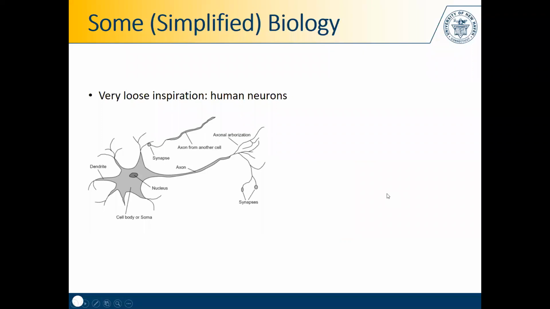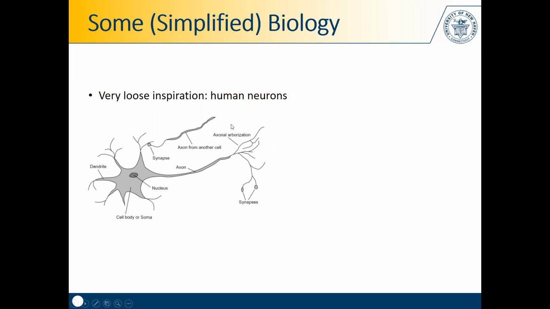Now, our discussion is going to be very loosely based on how a human neuron works. You're probably familiar with this schematic. You've probably seen it in your school year's biology lessons.